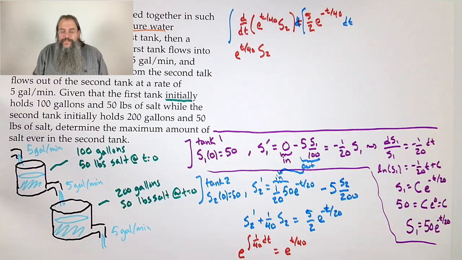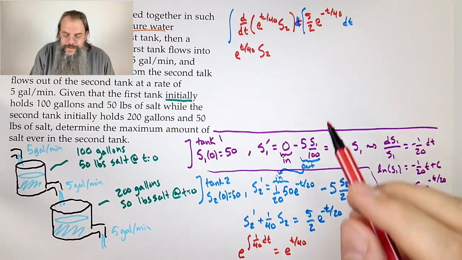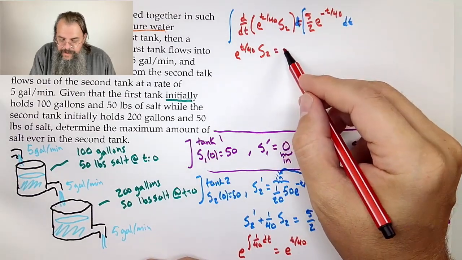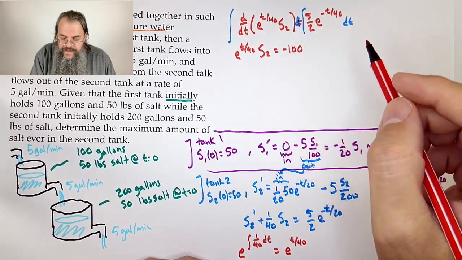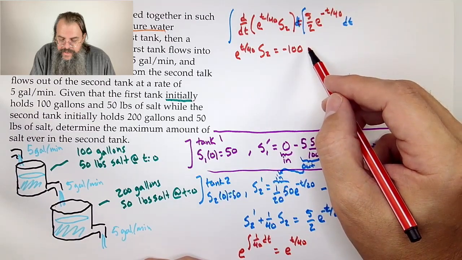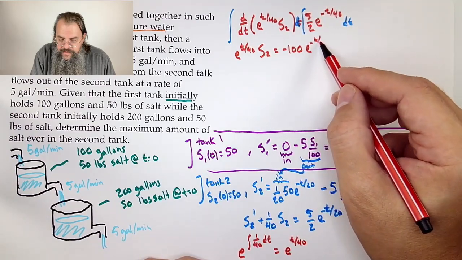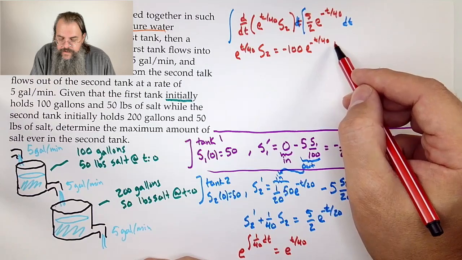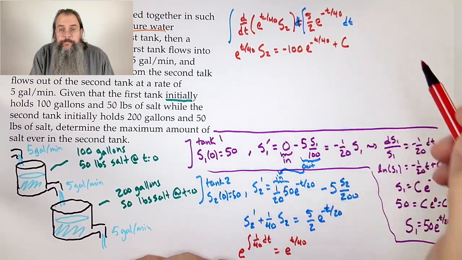So we're going to have 5 halves times negative 40, which becomes minus 100. So minus 100, and then e to the minus t over 40, and then, of course, plus c.